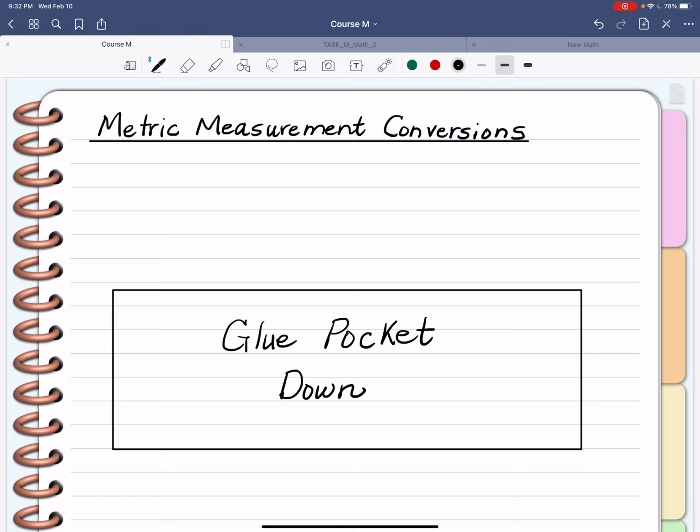And then here's an example. Remember, I gave you an example in the last problem, and then the steps that go with that. So here's the example. How many grams are in 1.75 kilograms?